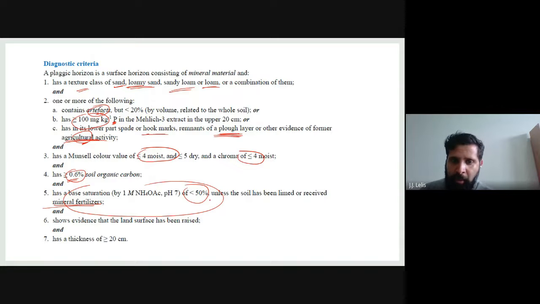Generally, they don't receive these mineral fertilizers. They should also show evidence that the land surface was being raised, and they should present a thickness of 20 centimeters.